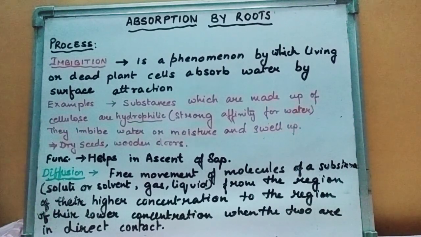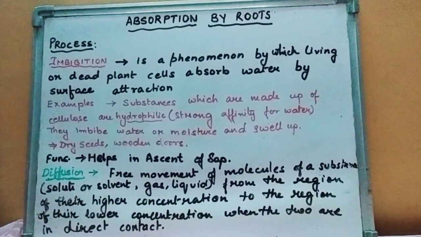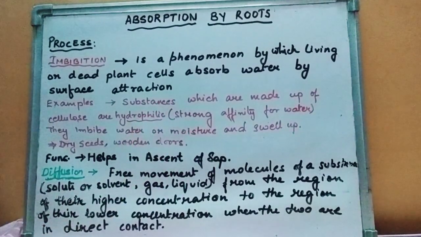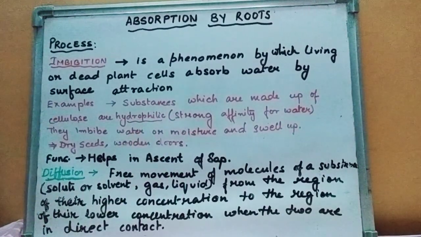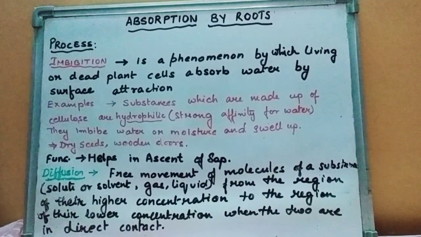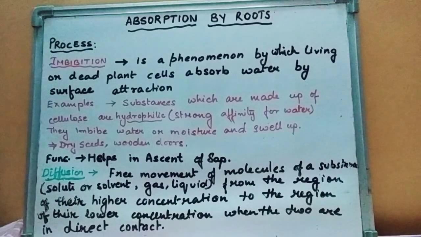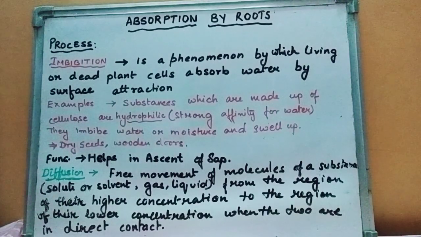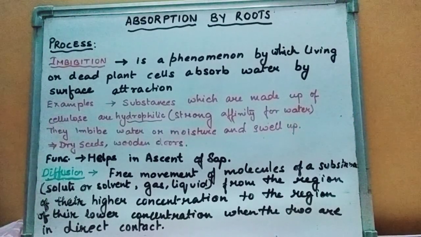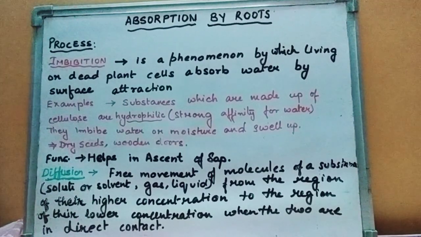So substances which are made of cellulose are hydrophilic, with strong affinity for water, and they imbibe water or moisture and they swell up. You'll find some of the wooden doors, if they lie in water or in the rainy season, they absorb the moisture and slowly get swollen, and then after a time period they break off.